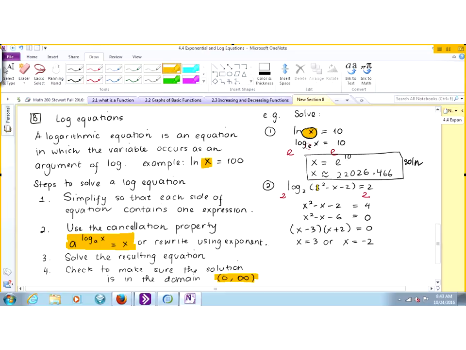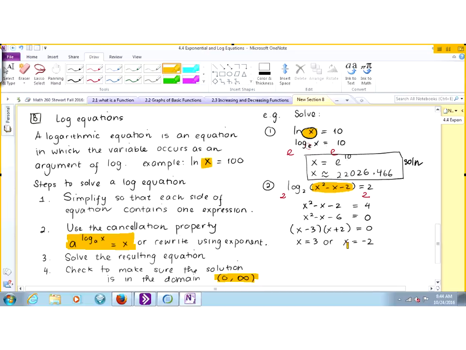Now, which one is the solution? Okay, so let's substitute back in here. If I substitute back in here, then what do I have? 3 squared minus 3 minus 2. Is it positive? I don't care what the value is. When I substitute here, I just need to make sure this is positive.